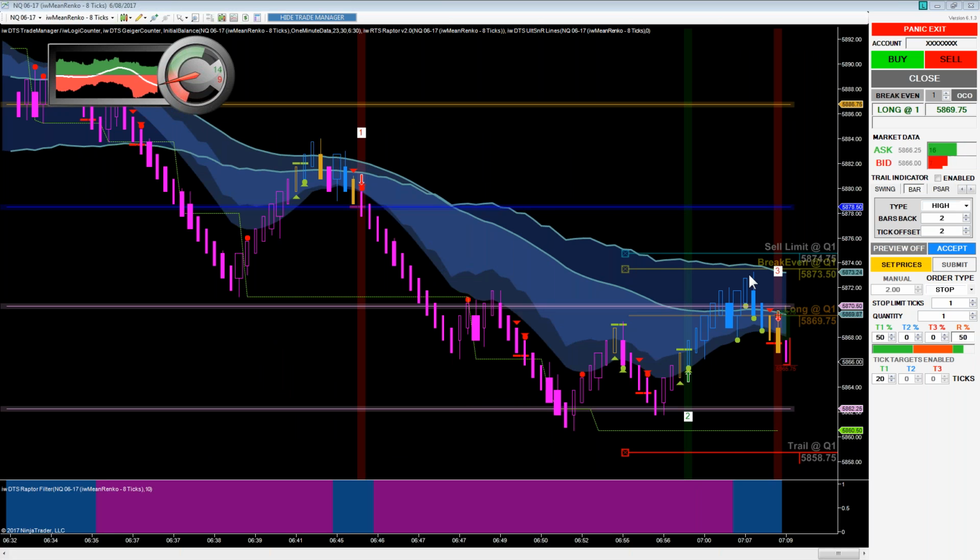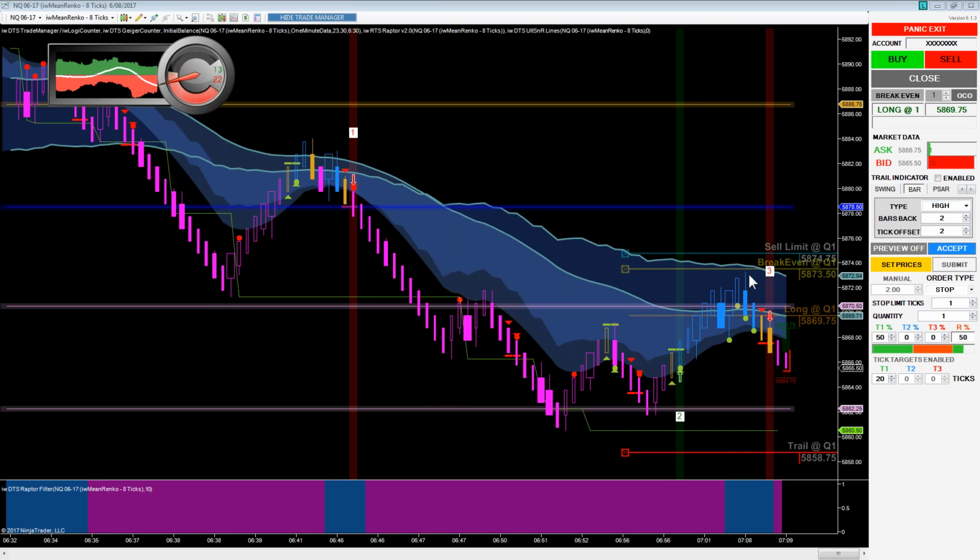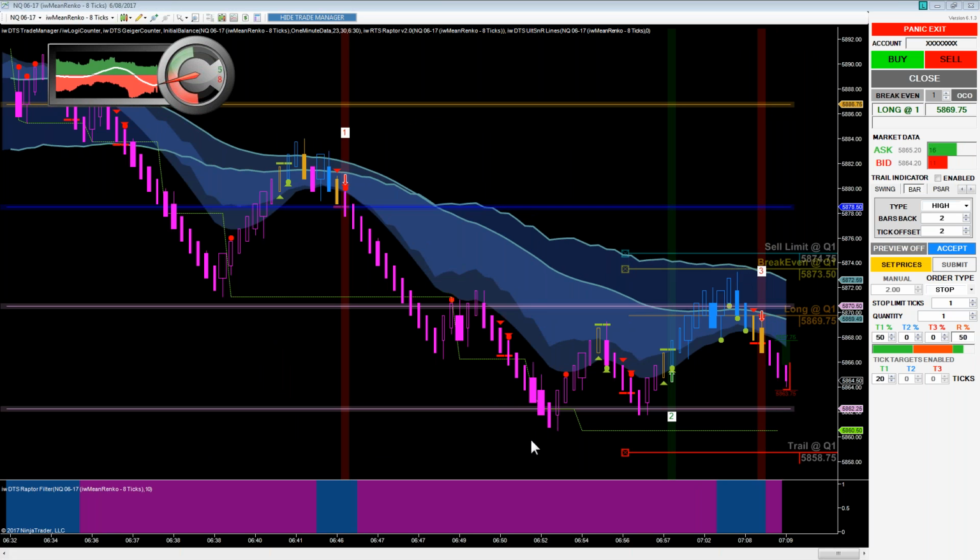Oh, nuts to me. I should have been paying closer attention here. Oh dear. Almost tagged the break even. Not quite. Now we're coming back with a hard edge sell signal. That would have been a nice signal to take also.